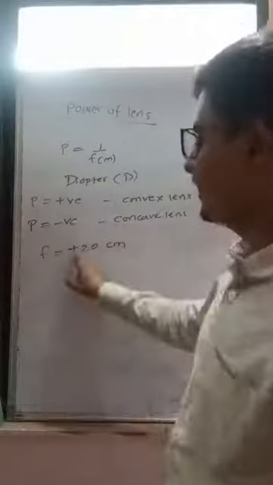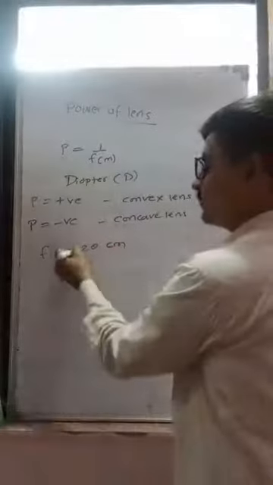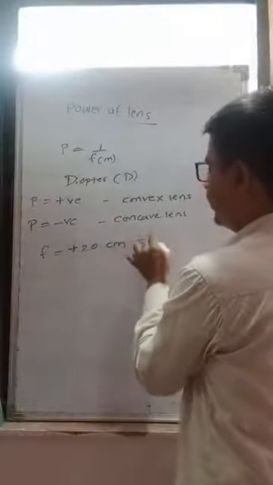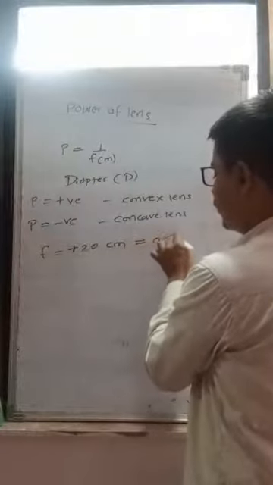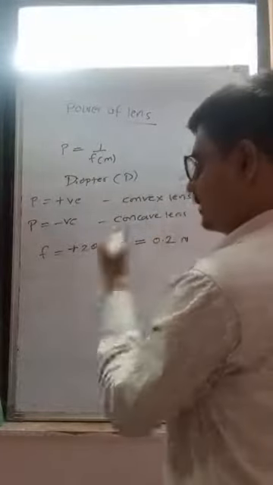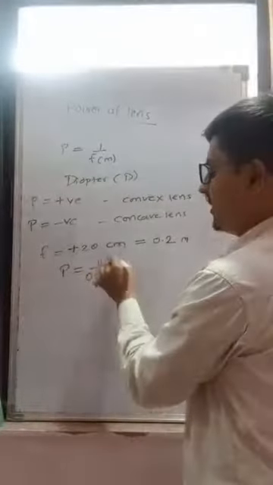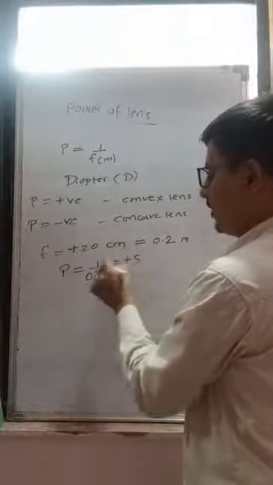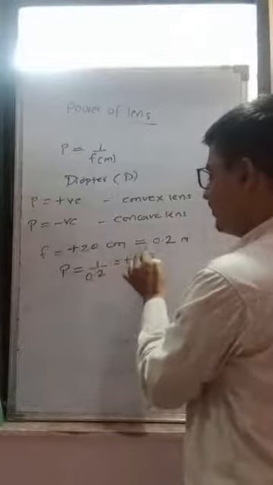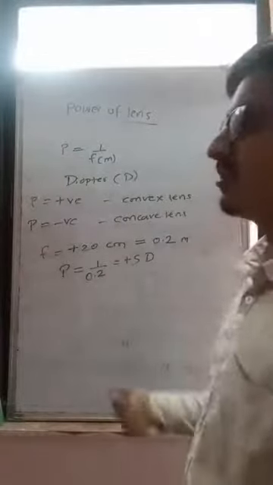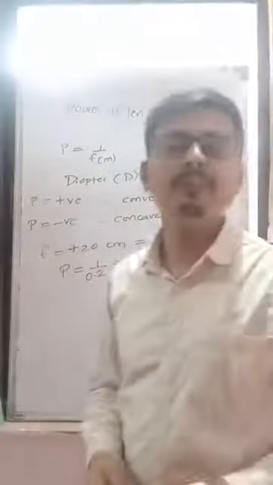This plus indicates that it is a convex lens. We need to convert it into meters, like 0.2 meter, and take the power. Power is 1 upon 0.2, and the answer should be plus 5 D, as the value is positive. If it is a concave lens, the power will become negative.